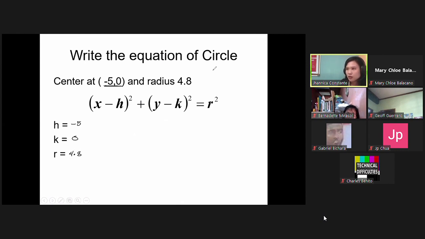So substitute the given values of h, k, and r, or the radius, in the standard form of the equation of the circle to write the equation of our circle.